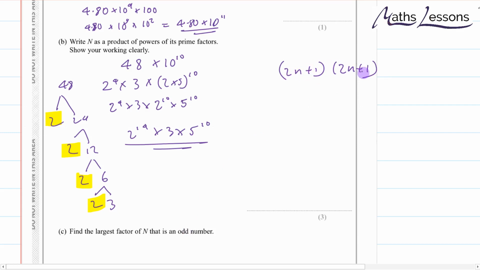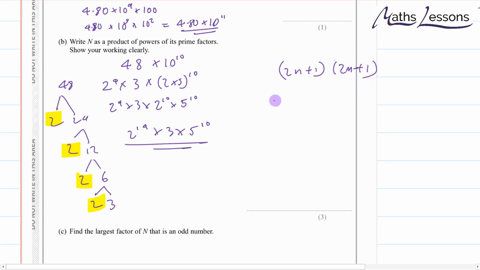So these are both odd numbers, and therefore what I ought to do is times by a different odd number, just to make sure it's totally sorted. Call this another integer we don't know. So there's 2 different odd numbers.